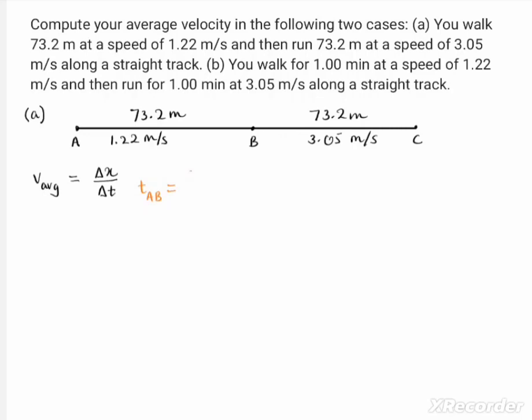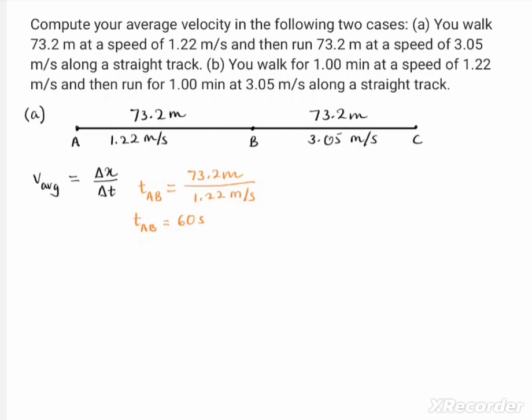So displacement is 73.2 meters, and the velocity is 1.22 meters per second. That gives us TAB equals 60 seconds. You see that the meters cancel here and the per second goes to the numerator.